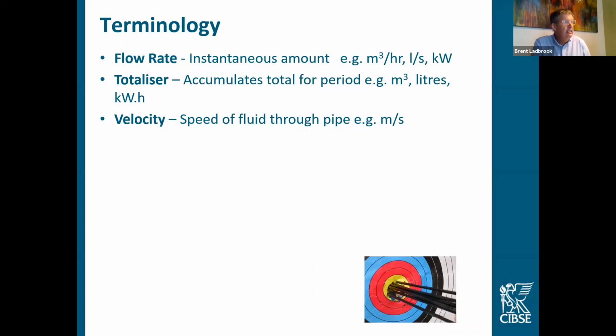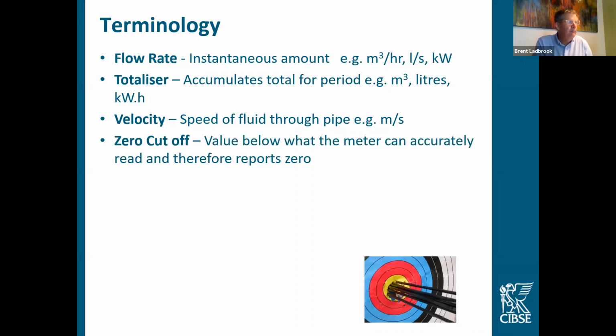The velocity is the speed of fluid through the pipe. So typical design speeds for flow would be somewhere about 1.5 to 2 meters per second of flow. Zero cutoff is the number the meter will not read below. So for example, with the speedo in your car, you have to get up to about a walking pace before it would register anything above zero. Below that number, it just will read zero.